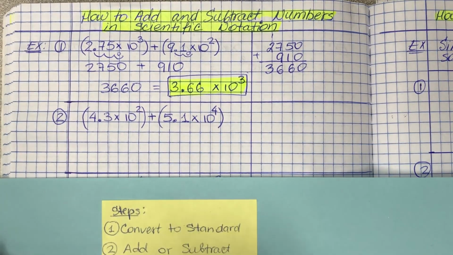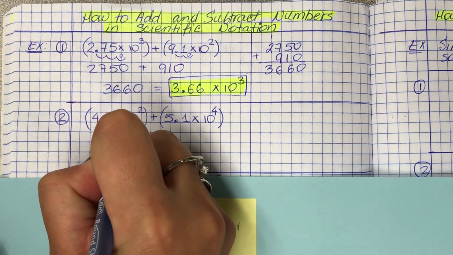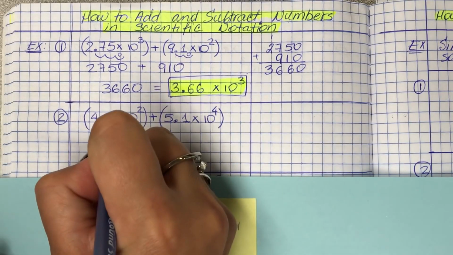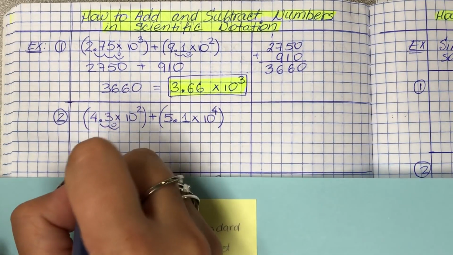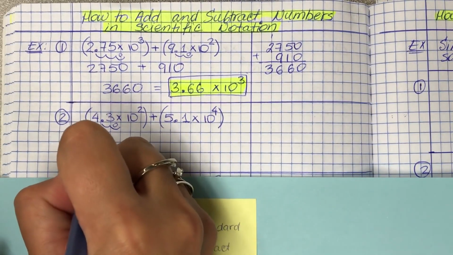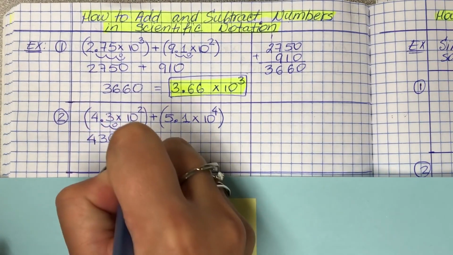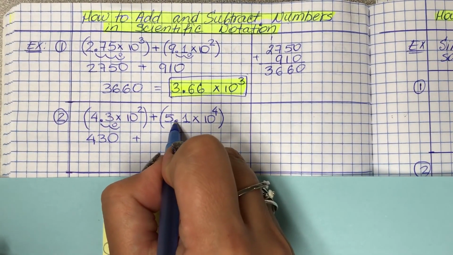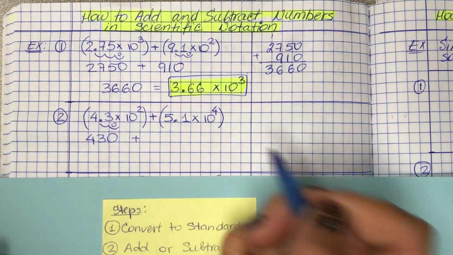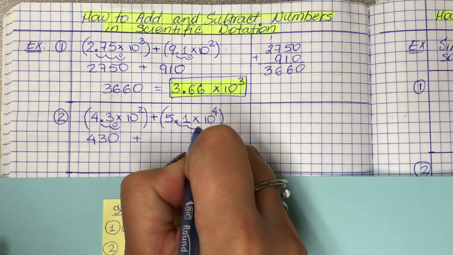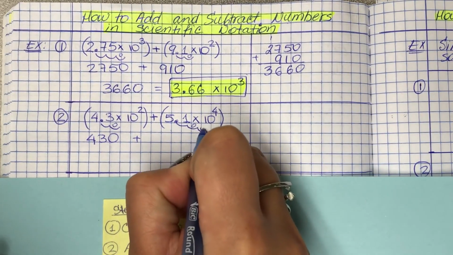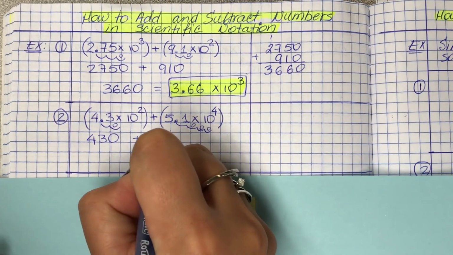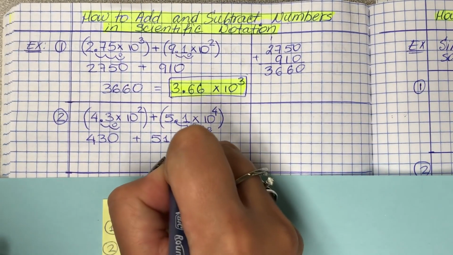So on paper, we can use moving the decimal twice to the right for multiplying. I need an extra 0 there, so it will be 430. Plus 5.1, and then move the decimal 4 times to the right. 1, 2, 3, 4. So I'm going to need 3 more zeros. That will be 51,000.